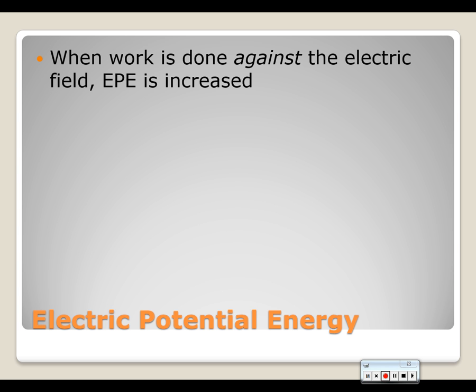Just like when we do work against the gravitational field. That's just a fancy way of saying, right? Doing work against the gravitational field is just a fancy way of saying moving an object which way? Up. Right? Doing work against an electric field means you bring positives closer to positives.